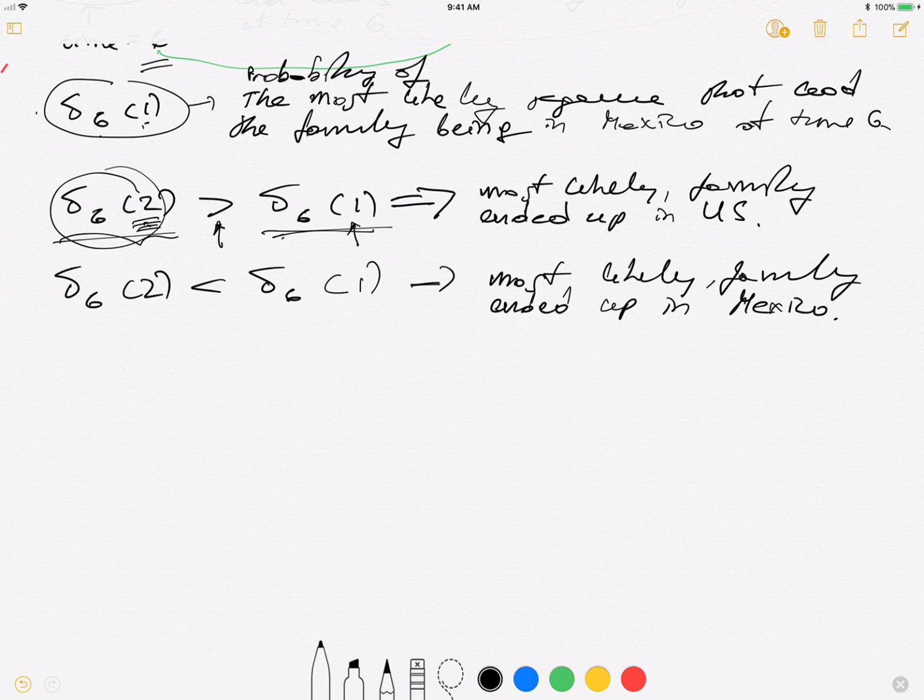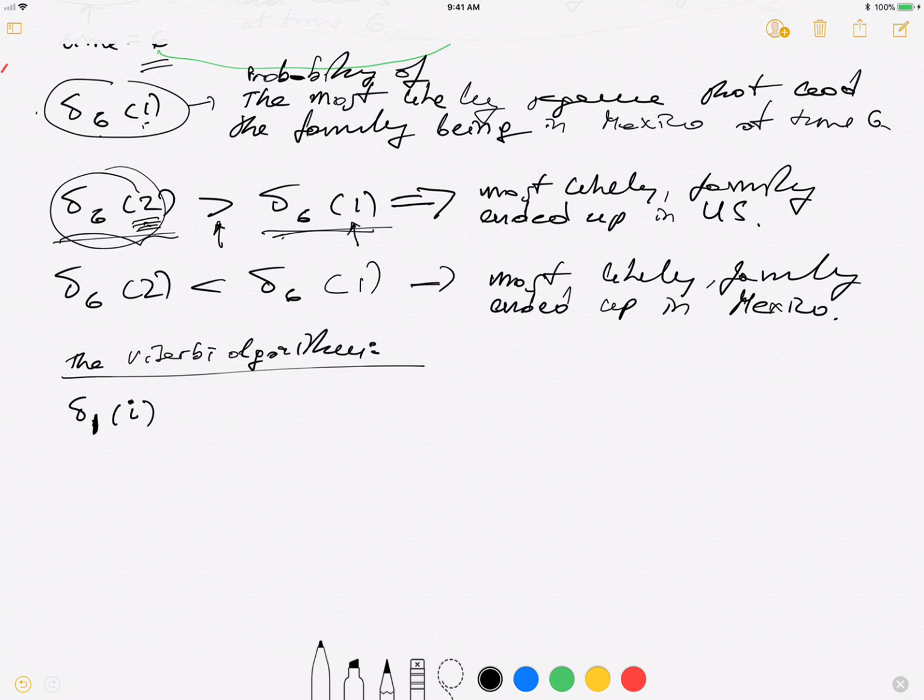I will now write the algorithm, and then we will try to go through the algorithm, and ultimately I may try to explain why the algorithm works. So this is the Viterbi algorithm. First I need to initialize delta 1 of I. Delta 1 of I is what?